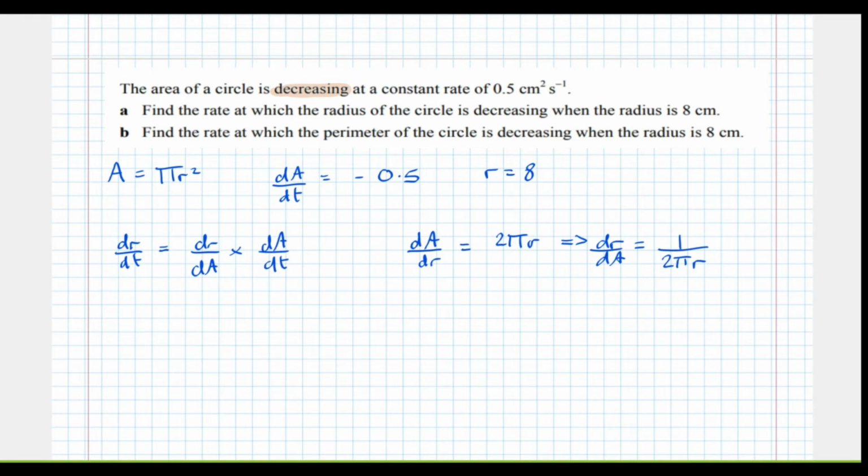We've got dr by dA and we've got dA by dt. Therefore, dr by dt equals dr by dA, 1 over 2 pi r, times dA by dt, which is minus 0.5.